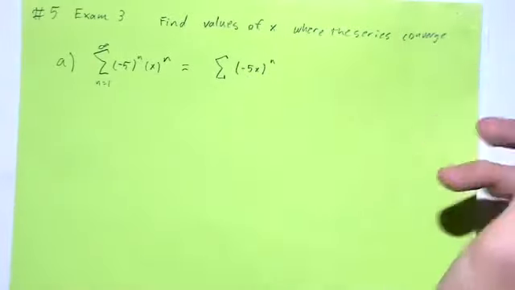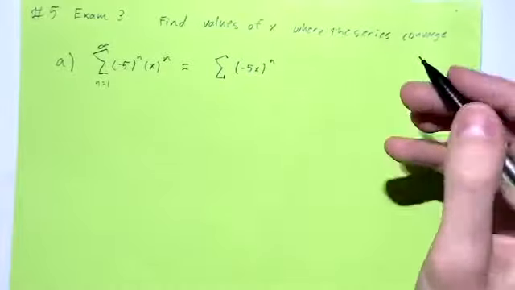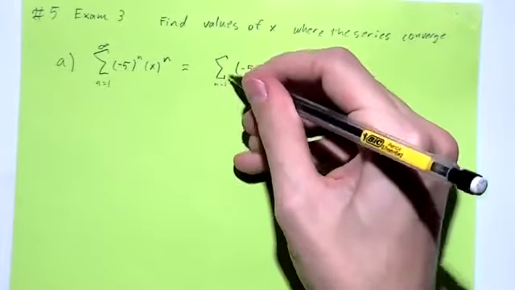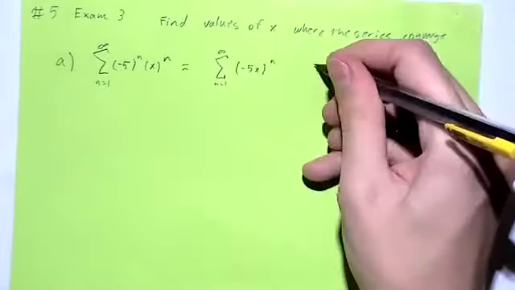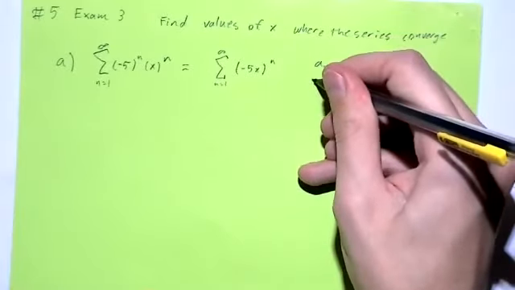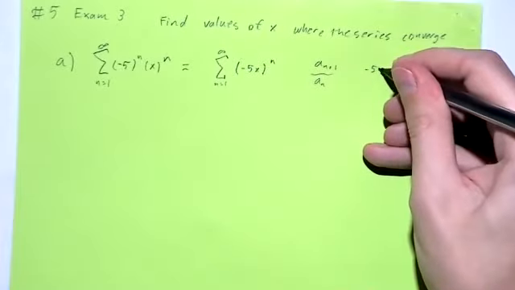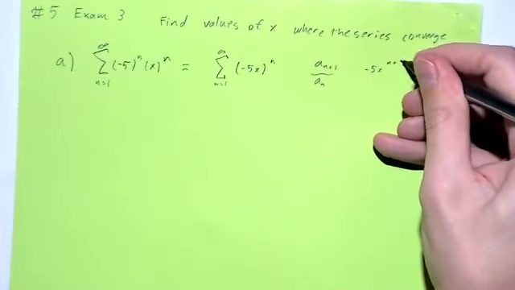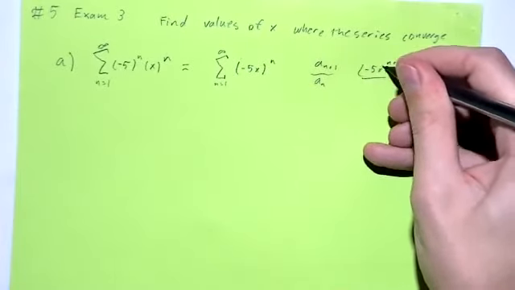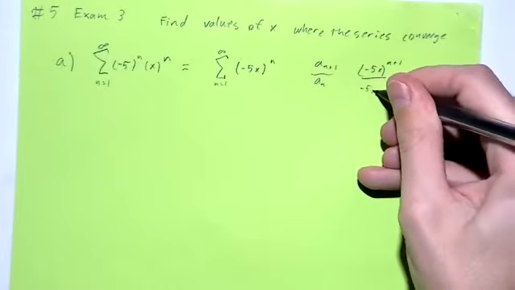So now we do our ratio test. This again is n equals 1 to infinity. So we're going to do a sub n plus 1 over a sub n. So we get (-5x)^(n+1) over (-5x)^n.